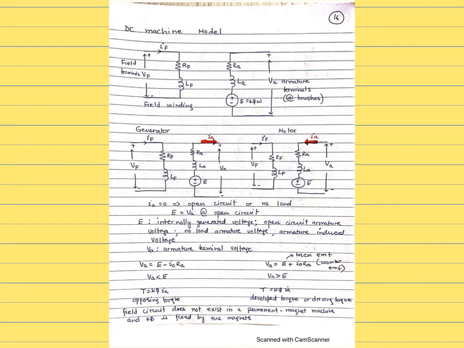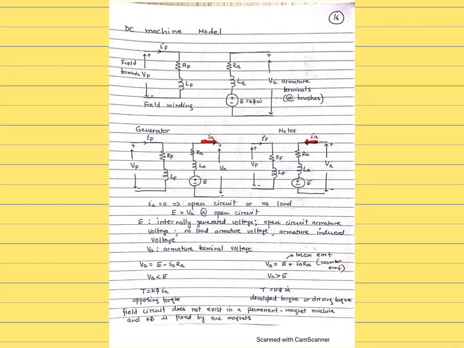Okay, so this is how we represent the DC machine using an electrical model. So the DC machine has two windings, the armature winding and the field winding. The field winding does not have any source of power. That means it does not induce any voltage in there.